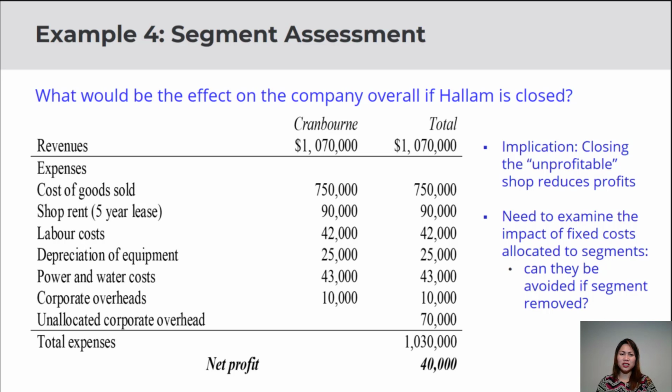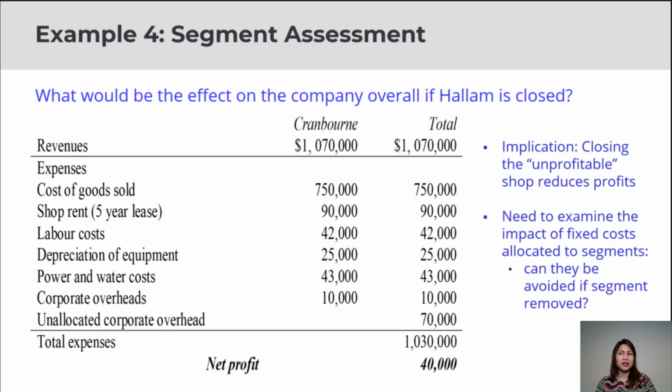In addition to this, equally important is qualitative analysis. Before you go ahead with closing the Hallam segment or branch, think about the qualitative factors to consider. One, you need to consider the possible impact on company reputation if you close one segment in Hallam, because it means you need to lay off the staff over there.